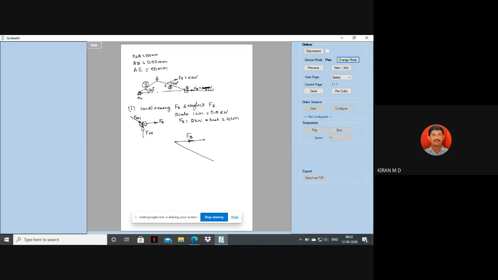This line is F34. Then we know the reaction force is exactly vertical, so you draw the vertical line. This is F14. Measure these two dimensions, and you are going to get F34 and F14.